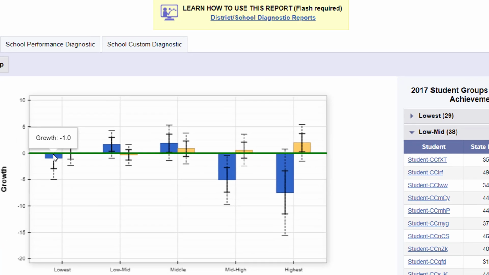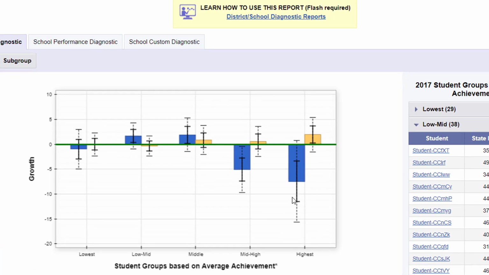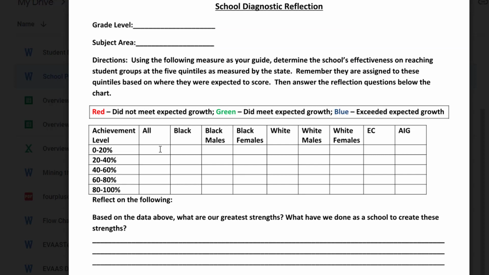So for this particular group, this represents all my students. We don't have them segregated out by race, gender, or any other kind of performance indicator. So I'm going to go to my worksheet, and under all, I know that my 0 to 20% performing students met growth.